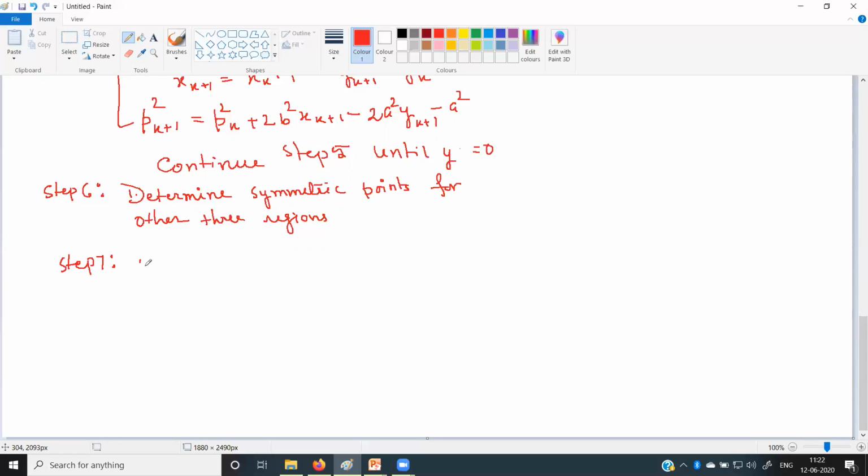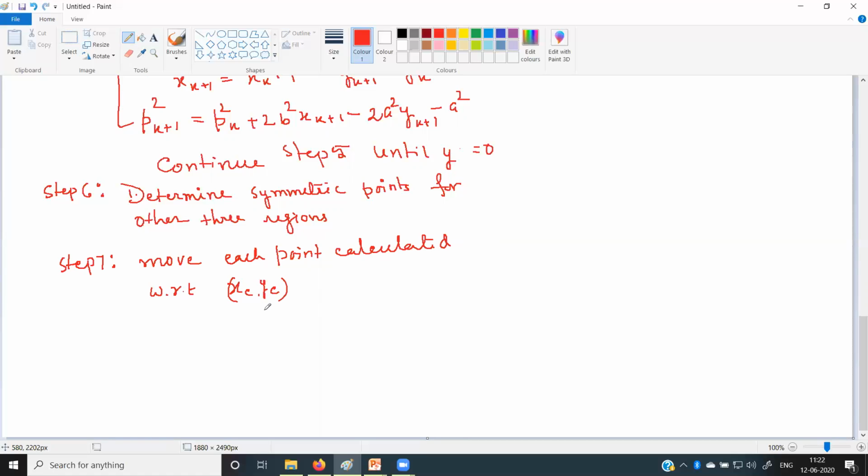We have to move each point calculated so far with respect to, I should write WRT, the center point XC, YC.